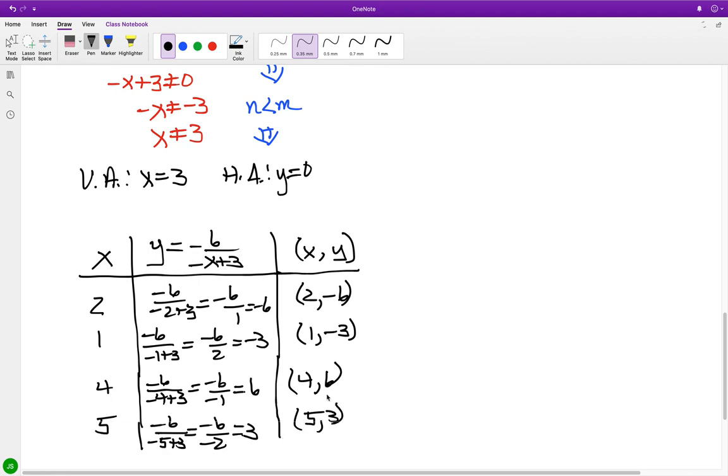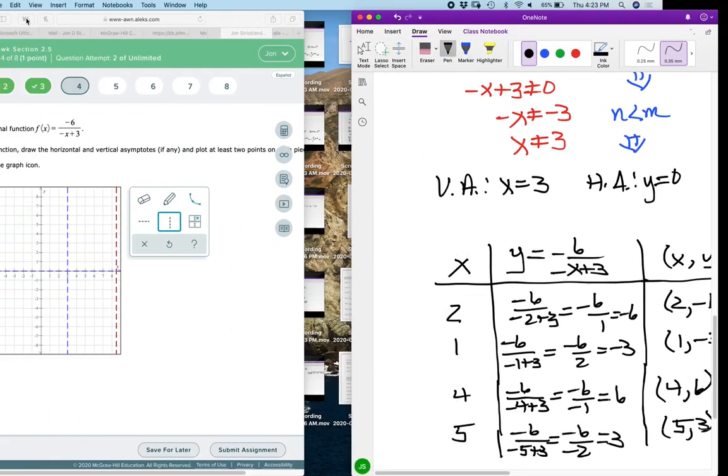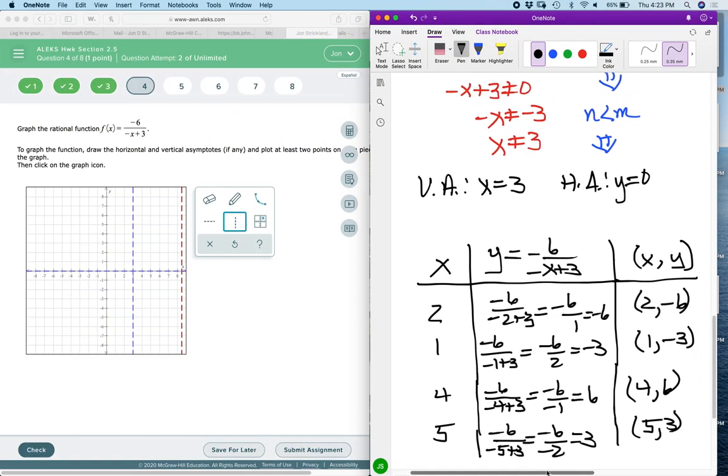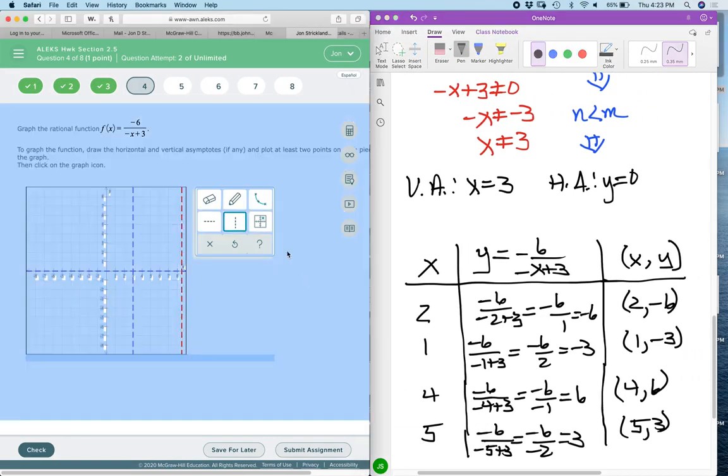Okay, so looking at what we have and plotting points.